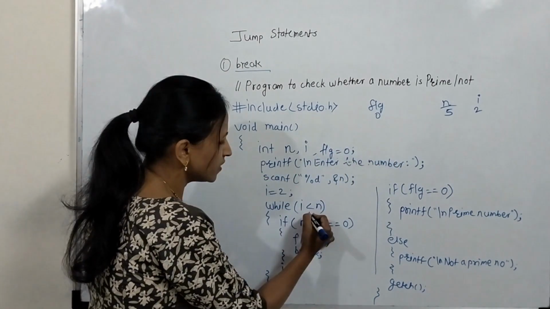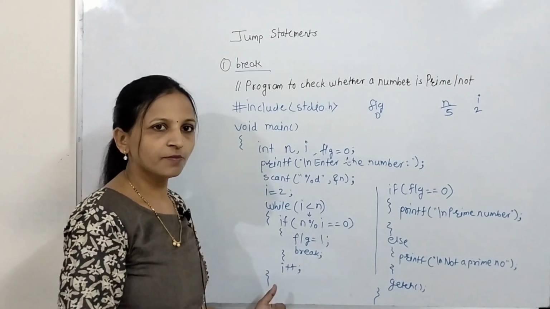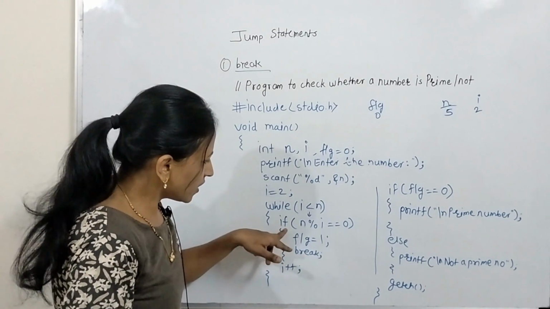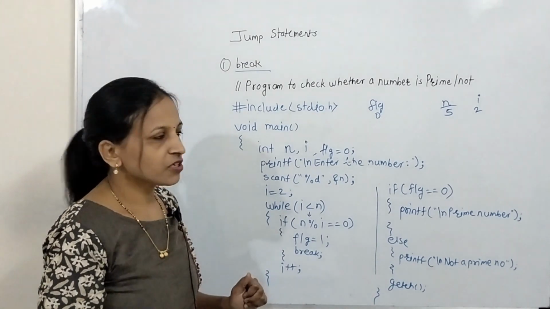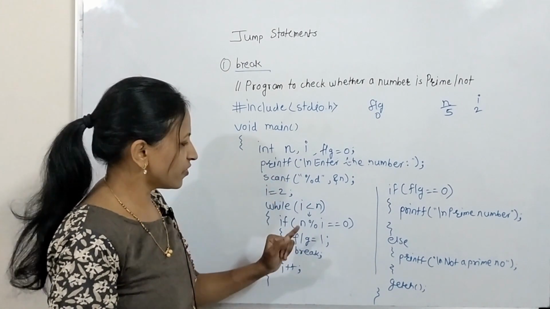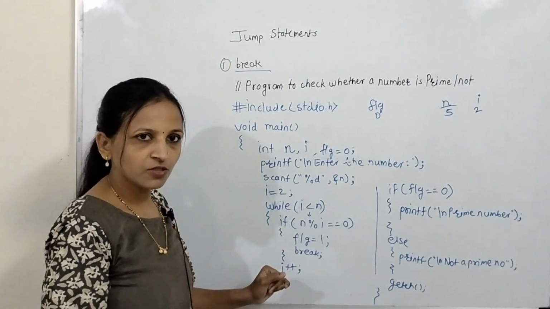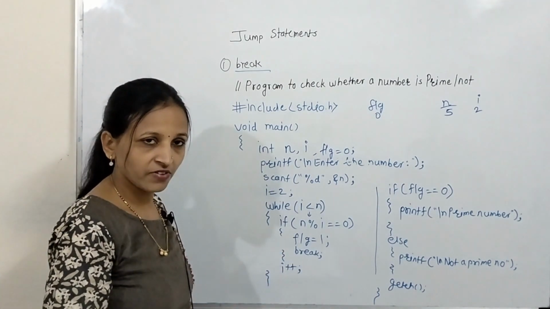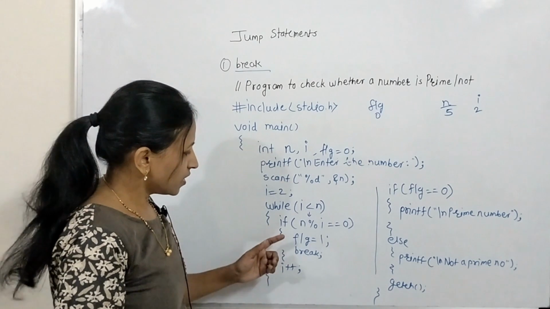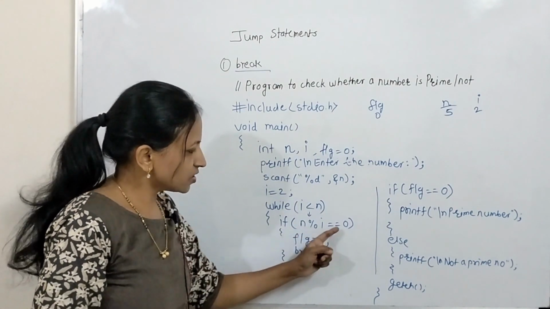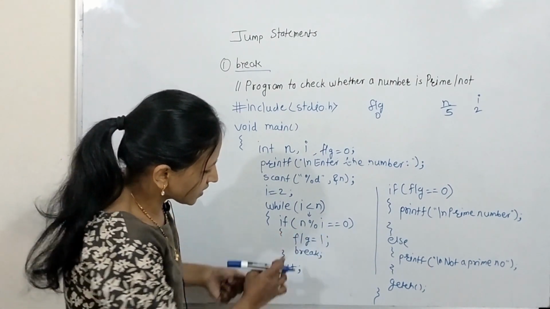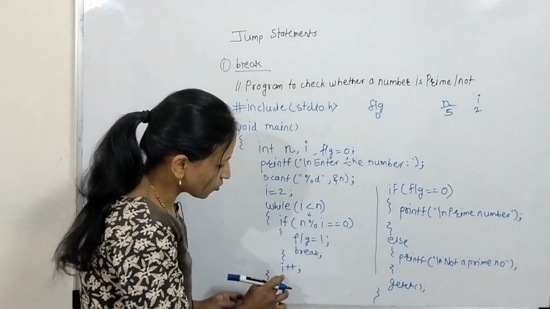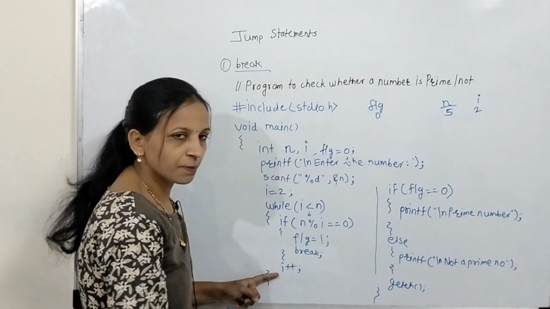That's why control will come inside this block of the loop. Here, if n modulus i is equal to 0. What is n? 5. 5 modulus 2 is equal to 0. Is it true? No, false, because 5 modulus 2 is 1. Getting? That's why this condition is false, so whatever is written here will not get executed. Automatically control will come here and i++.